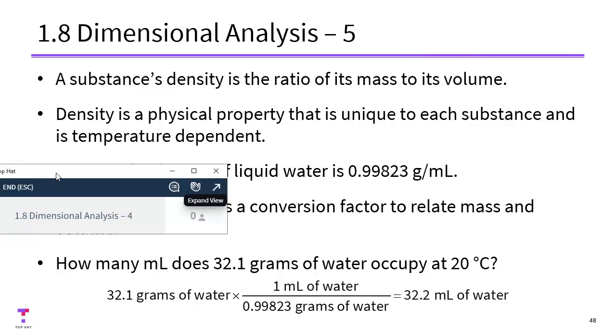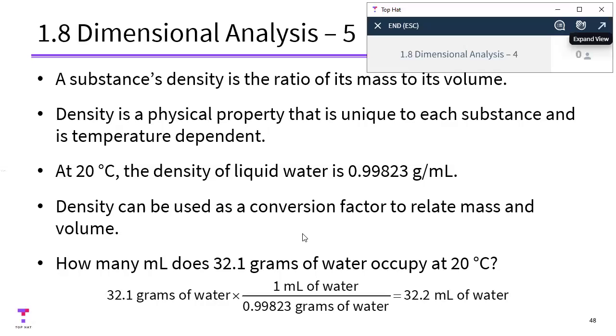Another kind of conversion that can be somewhat problematic is when we start to look at density. Now, density, we don't usually think of as a conversion. We usually think of density in terms of the density equation. Density is equal to the mass of an object divided by its volume.